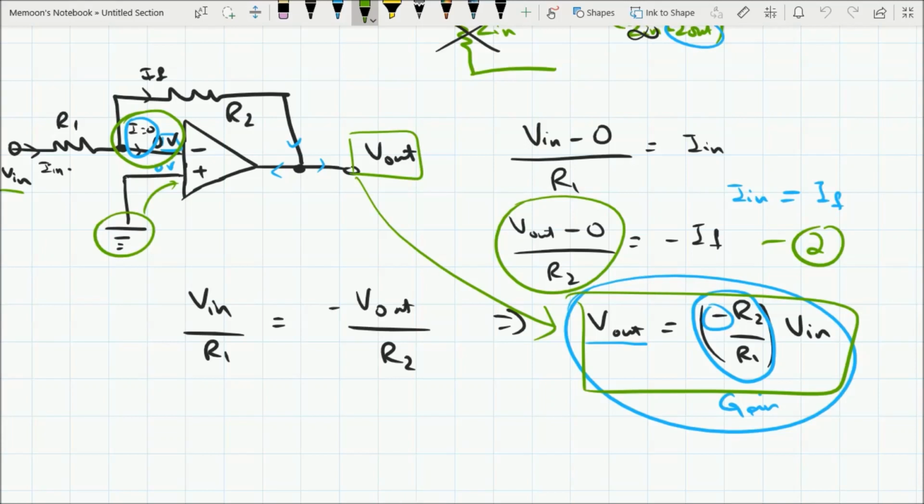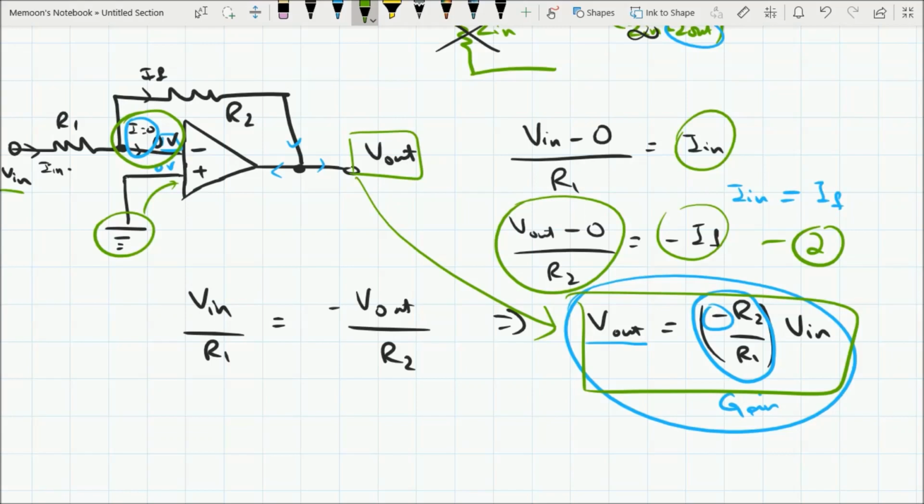The second thing is that while choosing the combination of R2 and R1, we have to be very careful how much current, how much I in, I out and IF, is being supplied by the op amp, and the amount of current flowing through these resistors and through this op amp. Thus far we have been considering only the voltages, but now we have to consider the current as well.